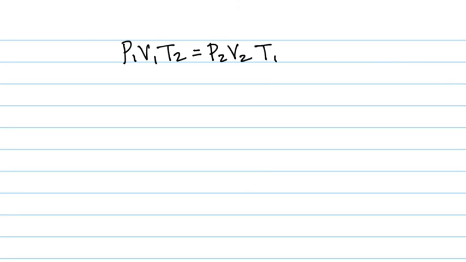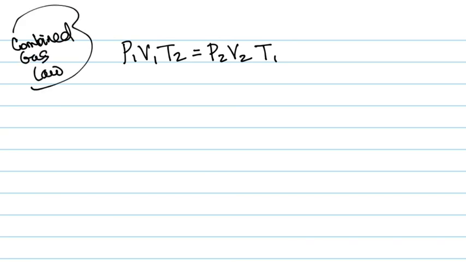Combined gas law equation can be used for Boyle's law, which means you would mark through temperature. It can be used for Charles's law, which you would mark through pressure. It can be used for Gay-Lussac's law, which means you'd mark through volume. Or again, if you have all three variables going on within your problem, you would leave all 6 of those in there and solve for your unknown.